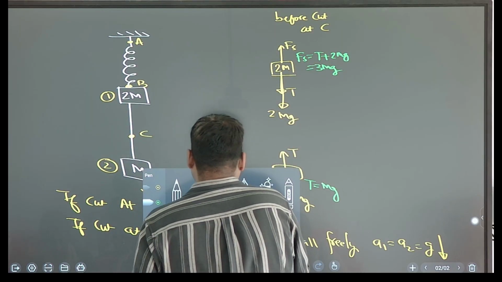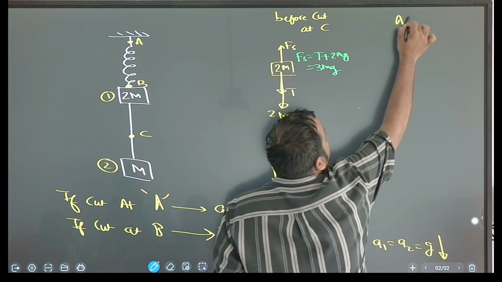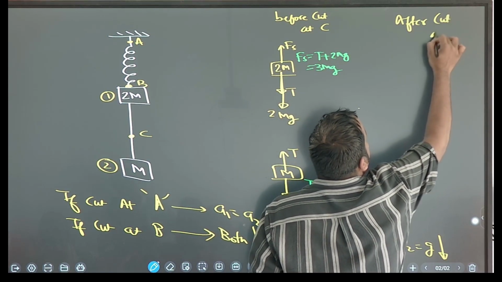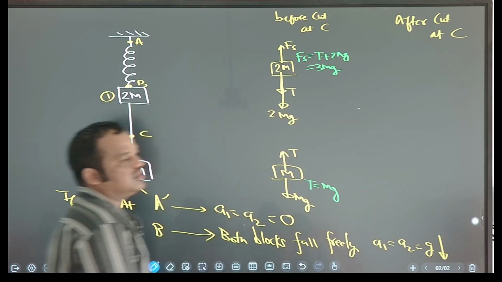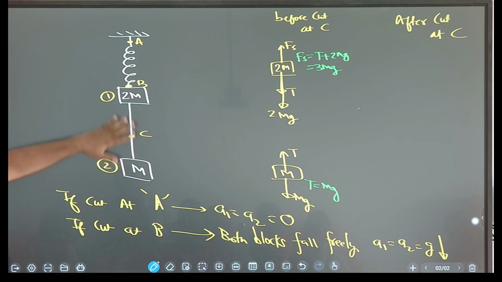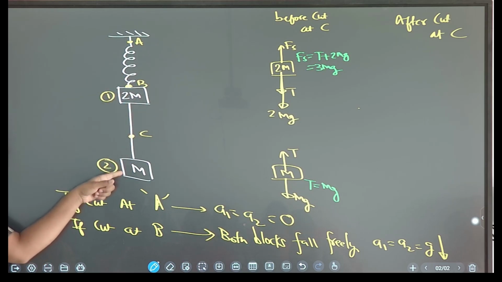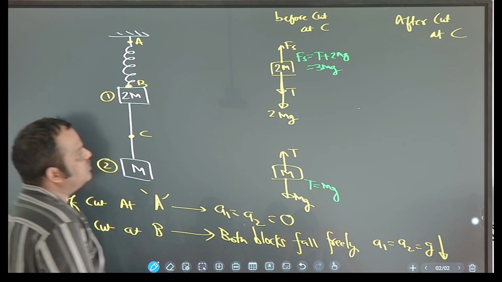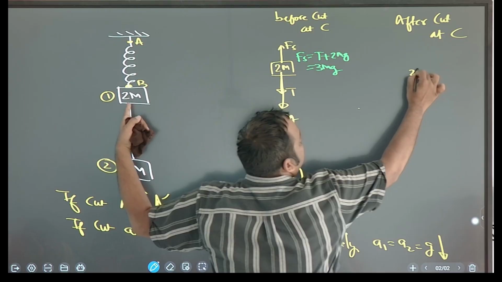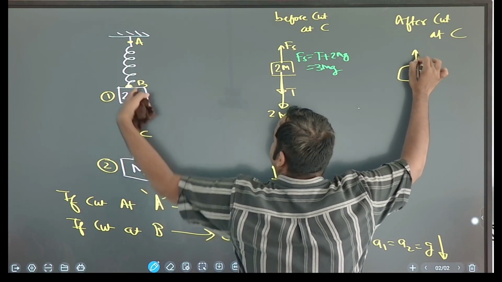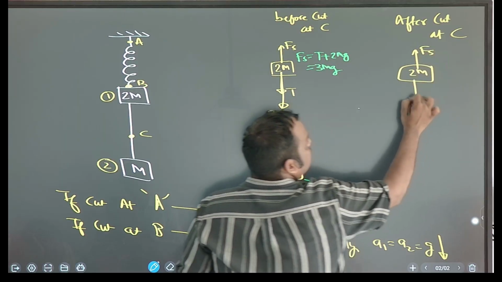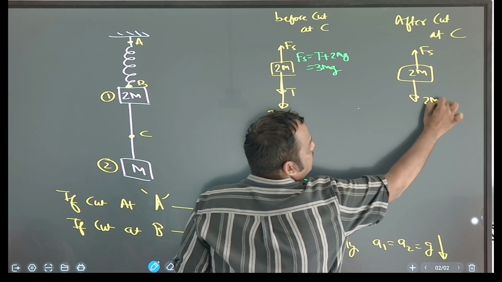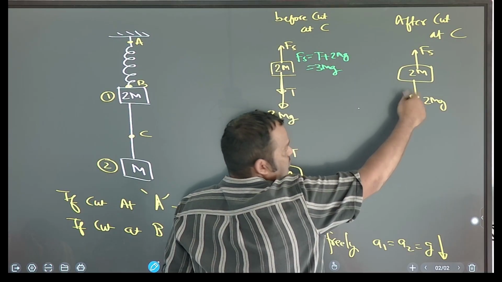Now after cut at C. Now you are cutting at C. So string is cut. So what is the new value of tension? C is cut. So what is the tension force? 0. No tension. So 2m, what is the upward force on 2m? Fs. Downward force, 2 mg. Any tension? No tension.